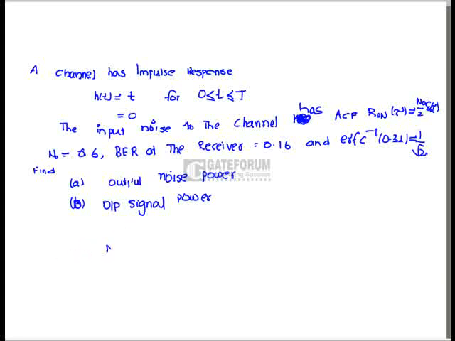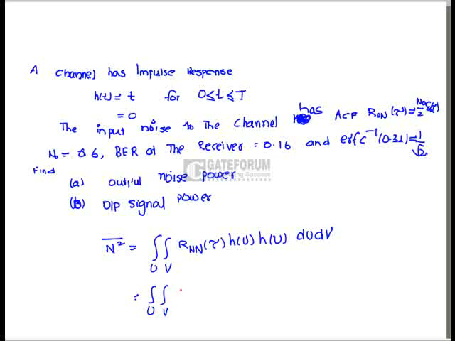Output noise power n square bar equals the double integral of Rn of tau h of u h of v du dv, which equals the double integral of N0 by 2 delta of u minus v h of u h of v du dv.